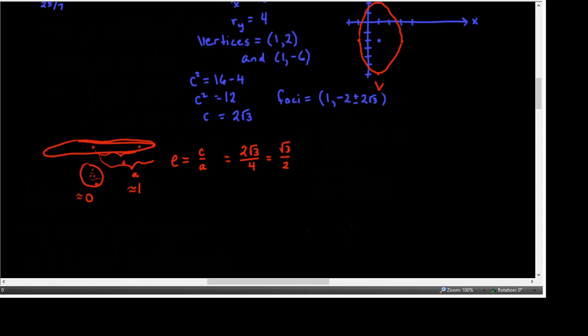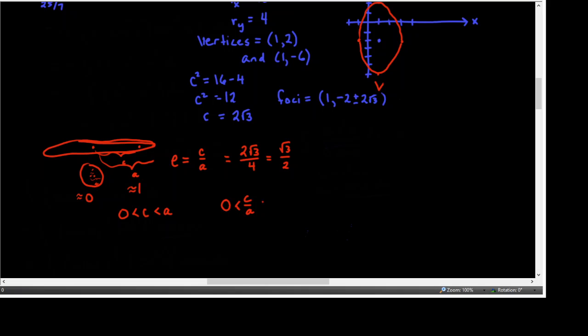In fact, every C value is, of course, a positive number, and it's obviously less than A. And because of that, at one extreme, C over A would be close to 0.